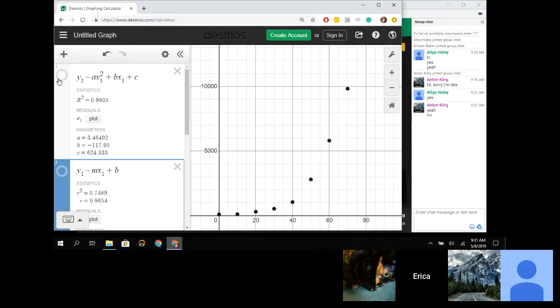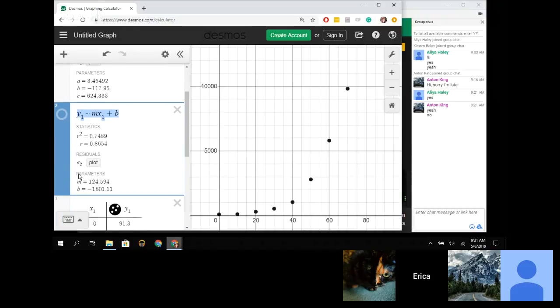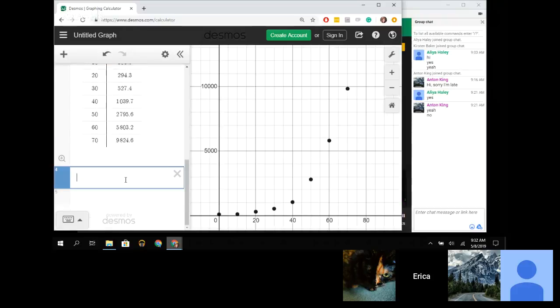There are other ones that we have though. We have 5 actual different models that we can choose from, at least in this book, and they're all on page 775. So that's a linear and the quadratic, but really what this looks like to me is an exponential function. So let's put that in as a possible model.